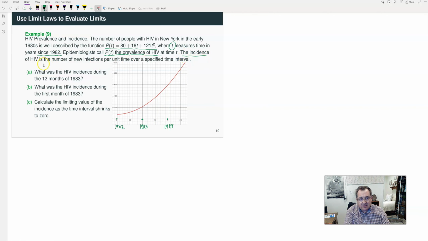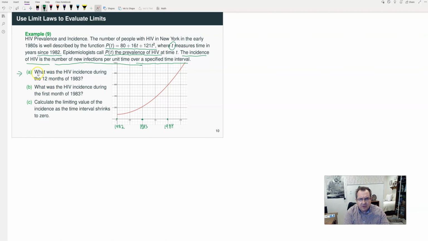The incidence of the infection is the number of new infections per unit time over a specified time period. In other words, incidence is the average rate of change for the infection. So we have a few questions to answer.